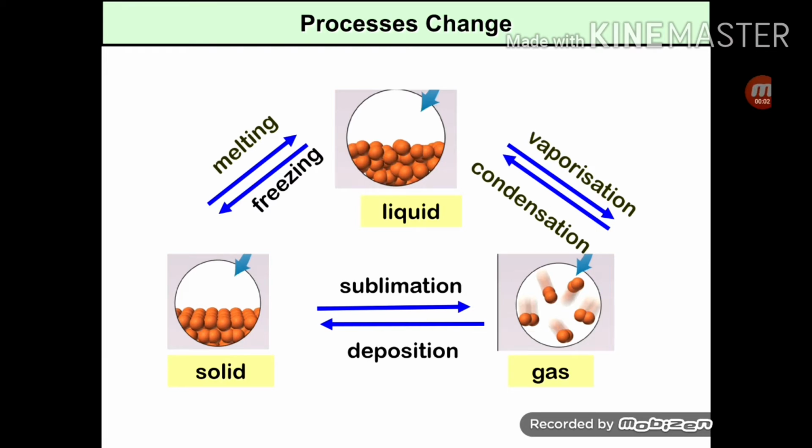In this subtopic, we will only discuss the 4 process changes that involve the solid state: melting, freezing, sublimation, and deposition.